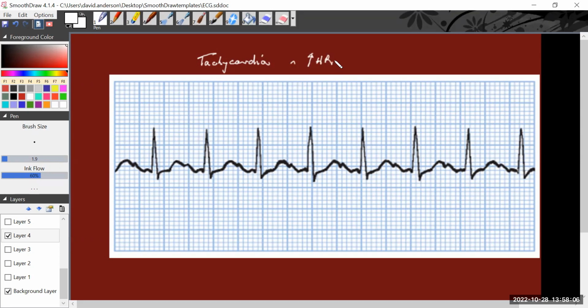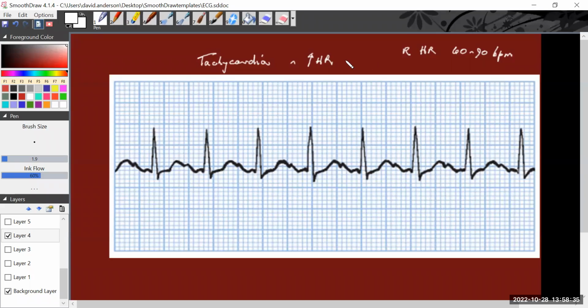Now, within reason, as we've talked about multiple times with systems, especially the cardiovascular system, and later with the respiratory. This looks like it's been cut in half. So this might represent 120 beats per minute, for example.